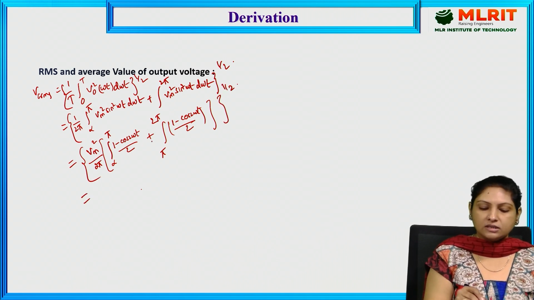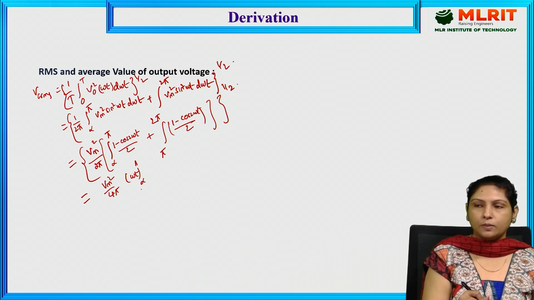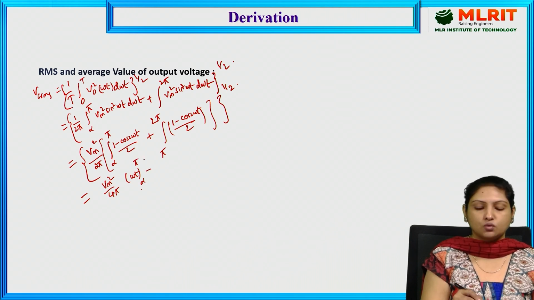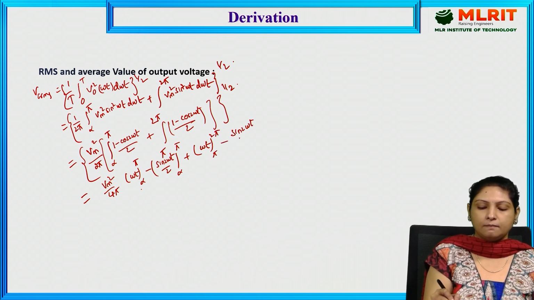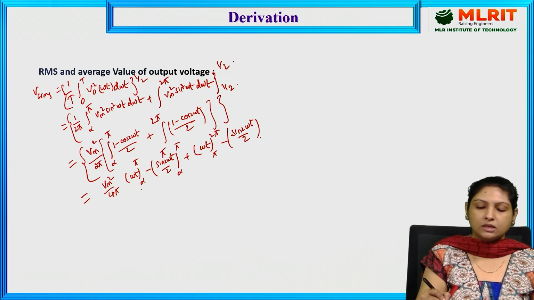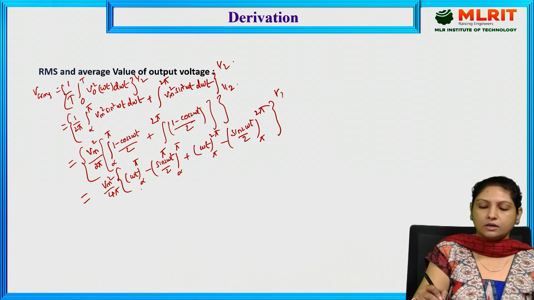And now let us take this denominator 2 outside, Vm square by 4 pi, integrating 1 we get omega T within the limits alpha to pi, minus integration of cos 2 omega T is sine 2 omega T by 2 within the limits alpha to pi, plus omega T from pi to 2 pi minus sine 2 omega T by 2 within the limits pi to 2 pi, whole to the power of 1 by 2.